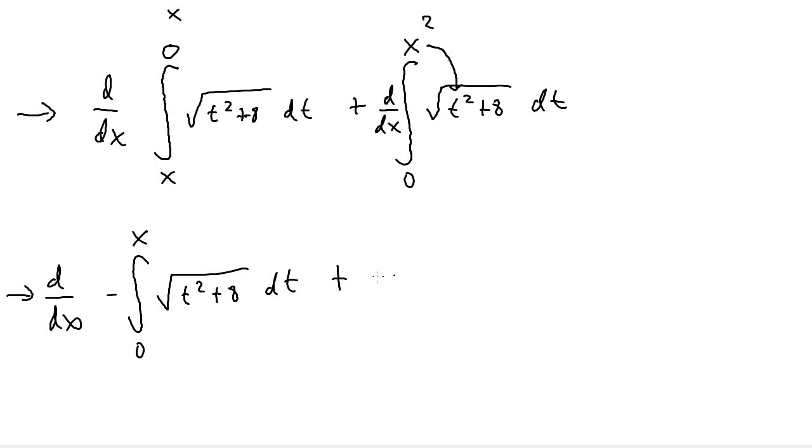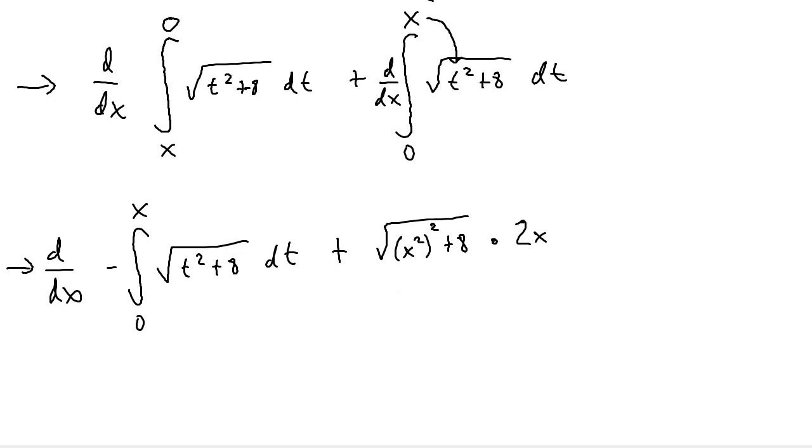So I get the square root of x squared squared plus 8 times u prime. If u is x squared, then du would be 2x. So don't forget to multiply by u prime always, because it's like a chain rule.